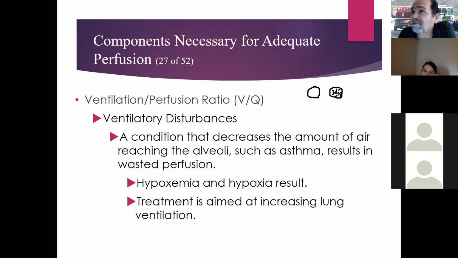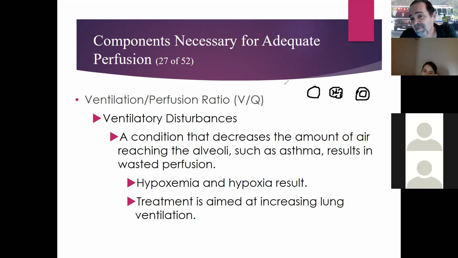So we give them something like Ventolin, something like albuterol, that will cause the bronchioles to become bigger, and air can go through. Some medications are inhaled, some may be injected into the bloodstream, acting on the adrenergic receptors, alpha 1, alpha 2, beta 1, beta 2, to cause an increase in the size of this. So now you can breathe a lot better. So that would be the treatment.